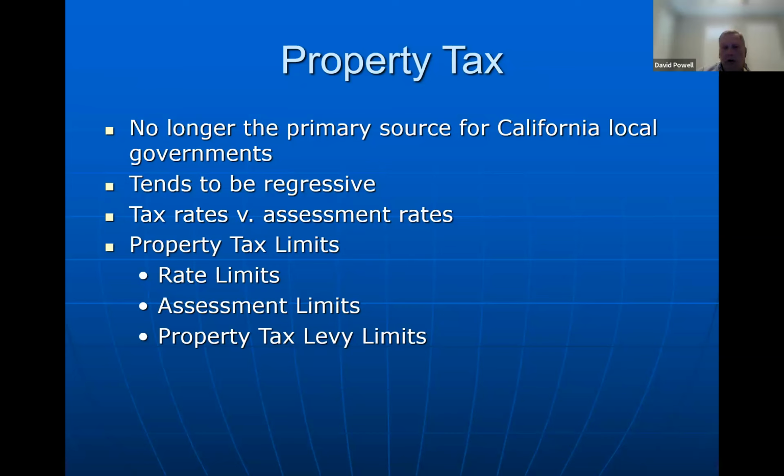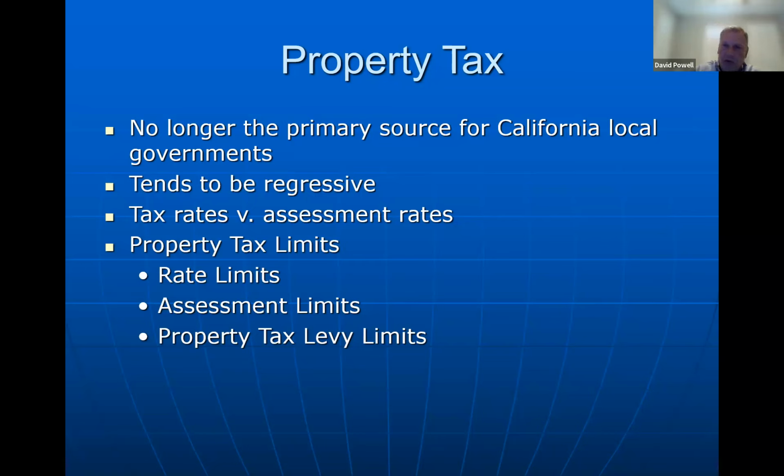Some other states across the country do not use percentages, but instead what they will use is what's called millage rates. And so instead of saying 1% property tax rate, they will say a 10 mil property tax rate. A 10 mil property tax rate is equivalent to a 1% property tax rate, because a mil is $1 of taxation per $1,000 of assessed value.